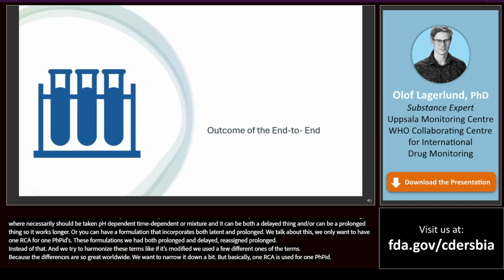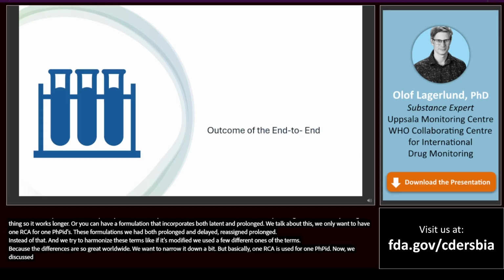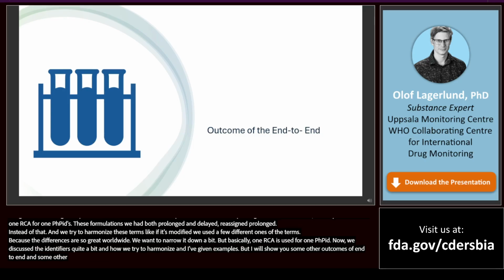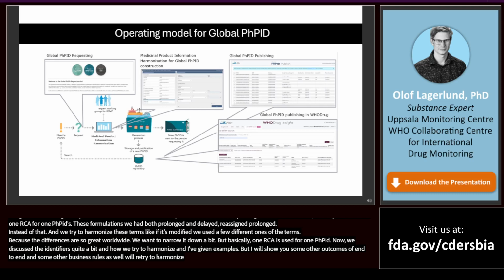And now we have discussed identifiers quite a bit and how we try to harmonize, and I'm giving you some examples of that. But I'll show you some other outcomes of the end-to-end and some other use case business rules as well, where we try to harmonize, but on a different level than what we've seen as an outcome. We have an operating model.